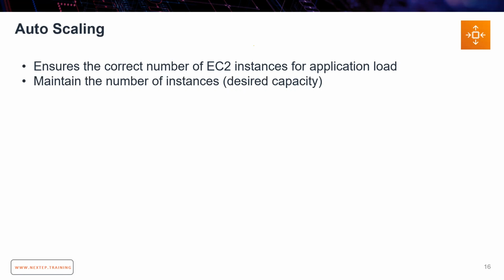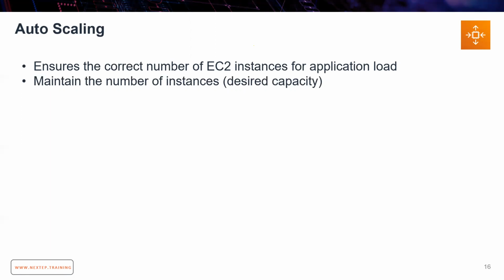How many times will your load be static? It will not be. But if your use case is such that you know you are good with 5 or 10 web servers, and you need to keep running 5 or 10 all the time, yes, auto scaling will make sure that you have that desired capacity.